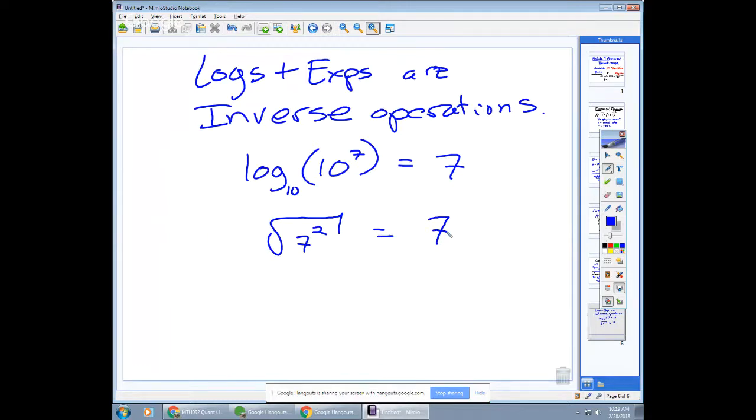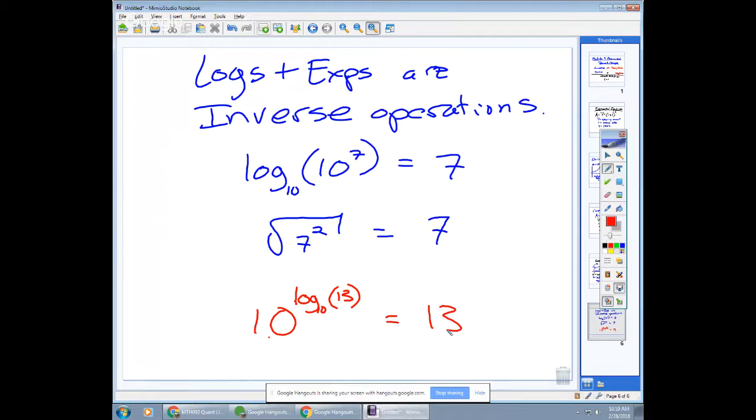I can go the other way with that too. If I start off with an exponent base and I raise it to a power log with the same base of, let's say, 13, exponent base 10 and log base 10 cancel. So guess what this has to be equal to? Yeah, it's got to be 13. They cancel each other out.